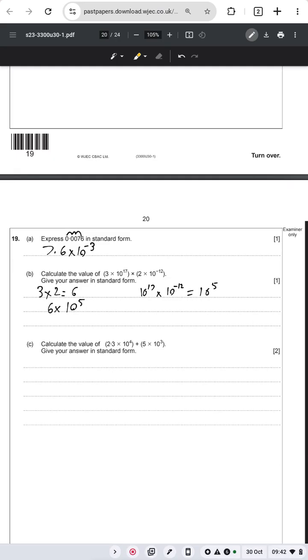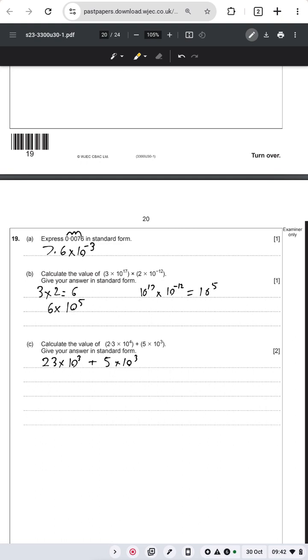Now we have an addition one. So for this we want the powers to be the same. So I'm going to write 2.3 as 23 times 10 to the 3, because I've multiplied the 2.3 by 10. Therefore I have to take a 10 effectively off the power of 4, which brings it down. And then I have 5 times 10 to the 3.